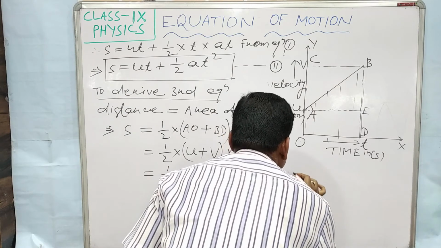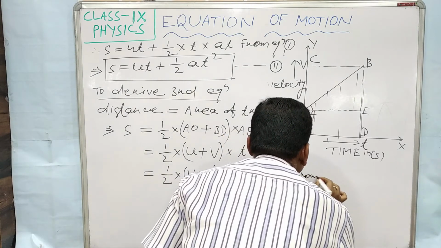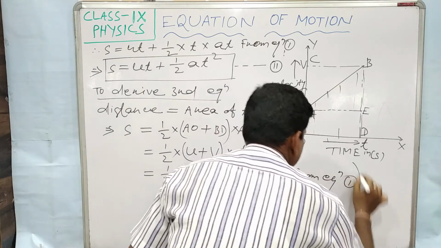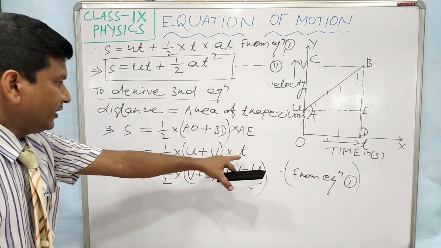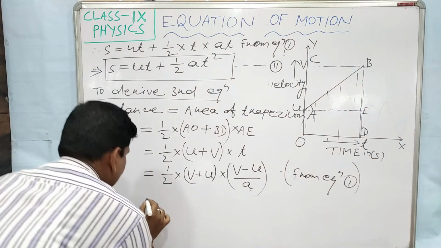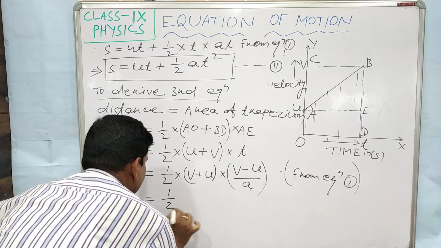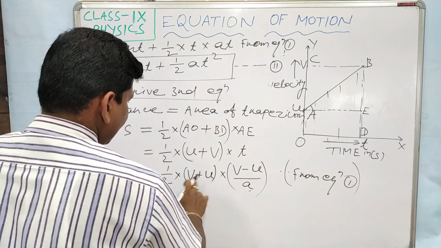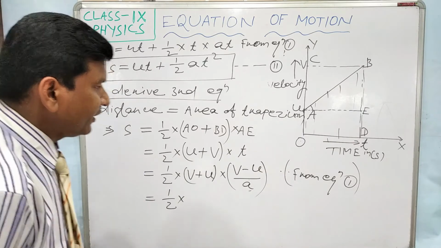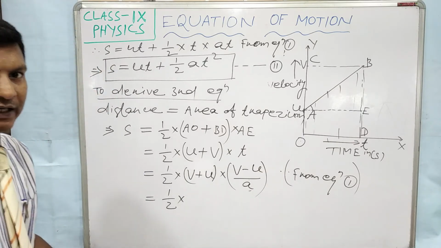So from equation 1 it is coming that in place of T we can write V minus U upon A. So that is equal to now 1 by 2 into V plus U, V minus U, A plus B into A minus B. What is the formula? A square minus B square.